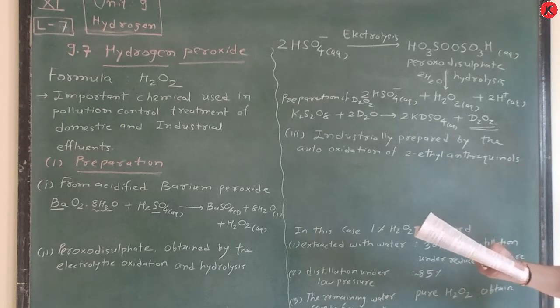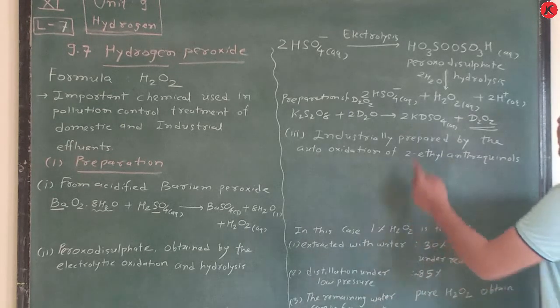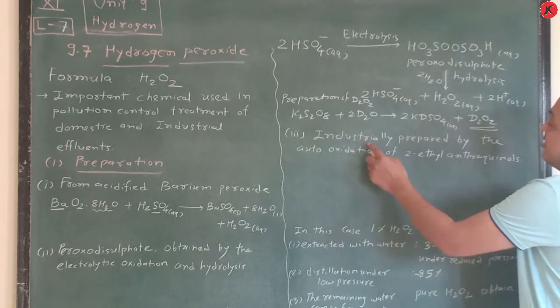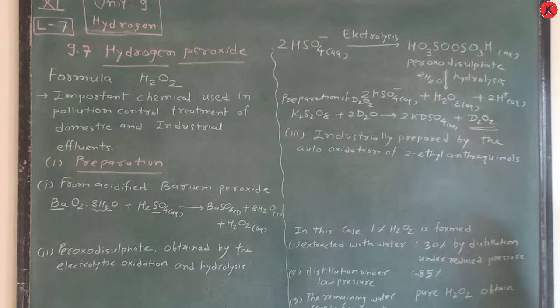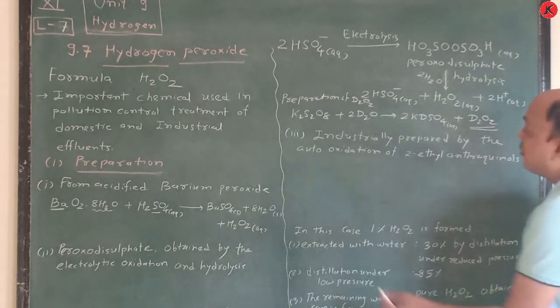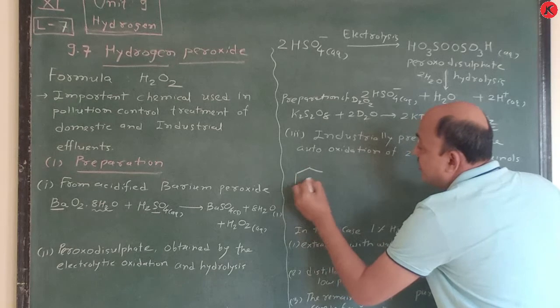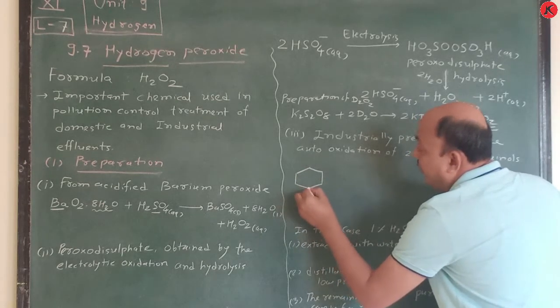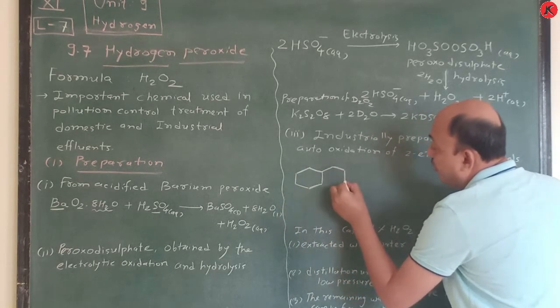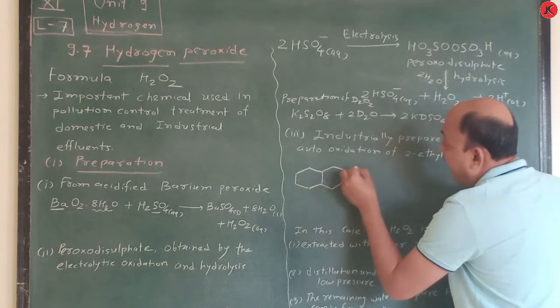Another method is the one used industrially: preparation by the auto oxidation of 2-ethyl anthraquinone. Remember the structure is very important. I have told you many times that you should draw the structure in a proper way.